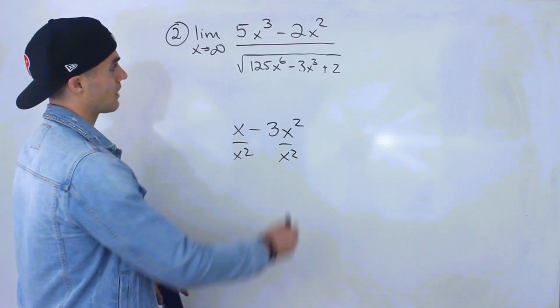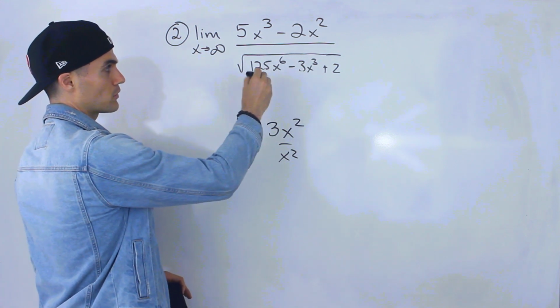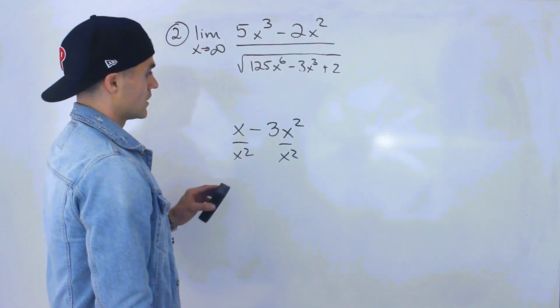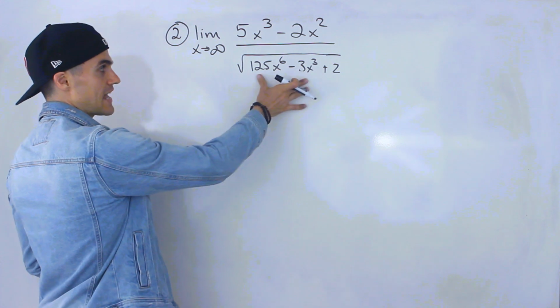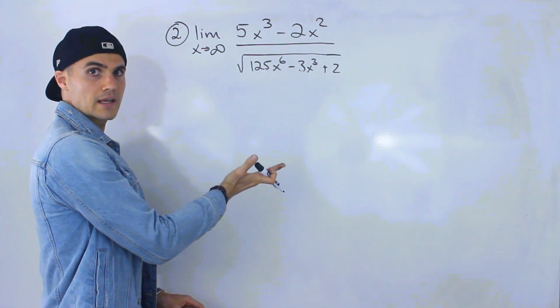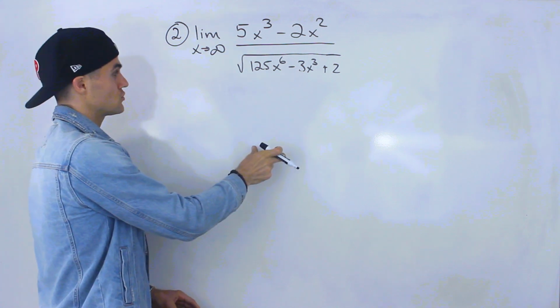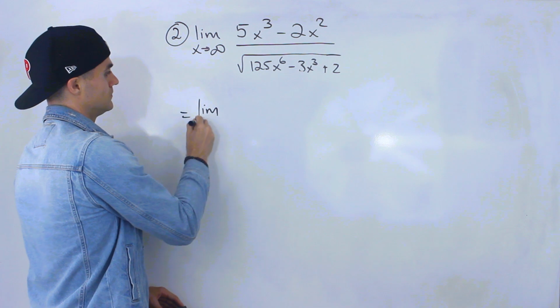But notice here how in this denominator, we don't have a regular polynomial function. We have that expression with a square root there. So what we've got to do is take that square root and rewrite it in that previous format where we're going to be multiplying 2 factors.